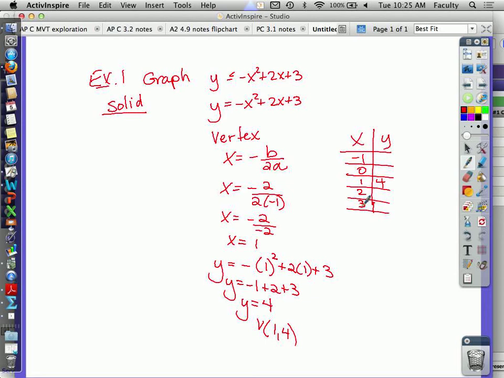So if I plug in that x is 0, I get 3, and then I am going to use symmetry though. You can either choose 3 or negative 1. If I could avoid the negative, I'm going to. So I'm going to plug in positive 3: negative 3 squared plus 2 times 3 plus 3. That's negative 9 plus 6 plus 3. Hey, isn't that nice? That's 0.